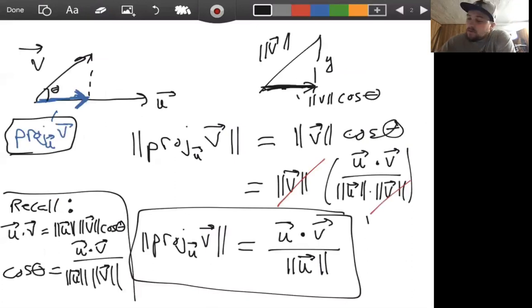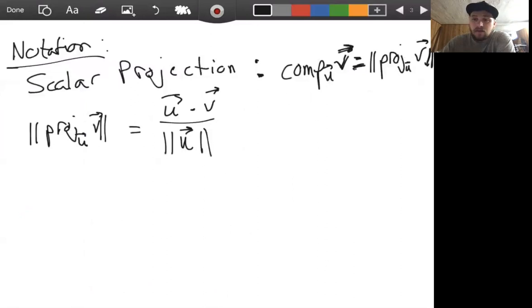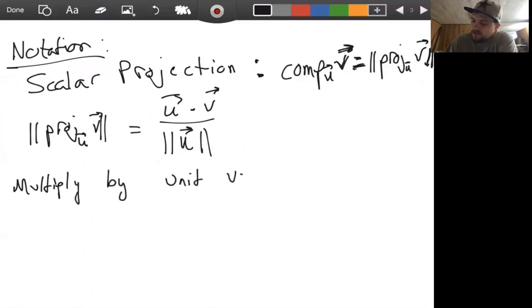Well, we need to multiply by a unit vector in the direction of u. So let's multiply by a unit vector in the direction of u.